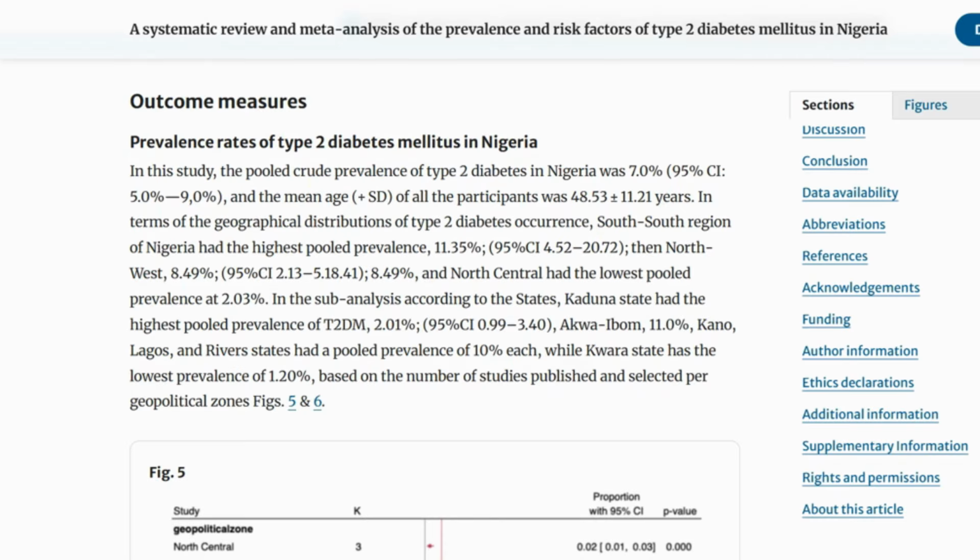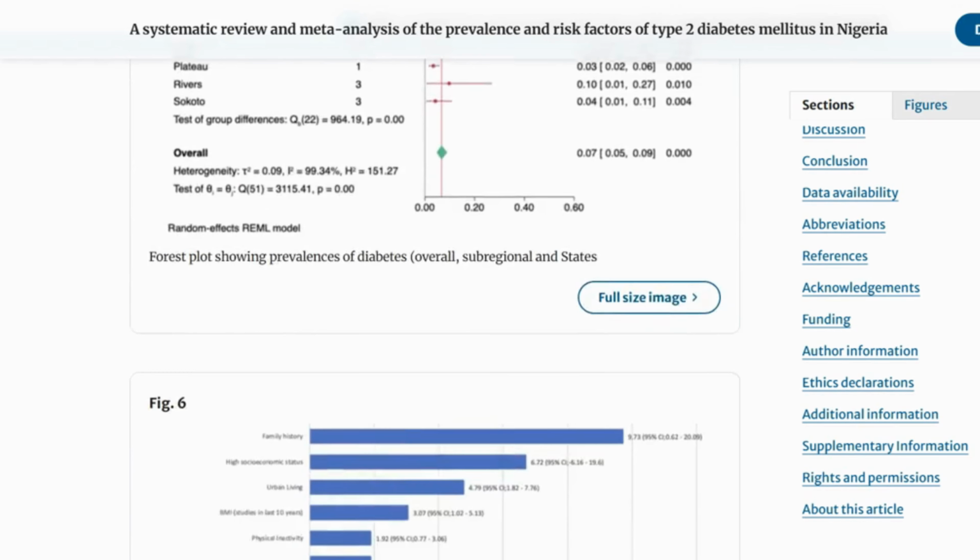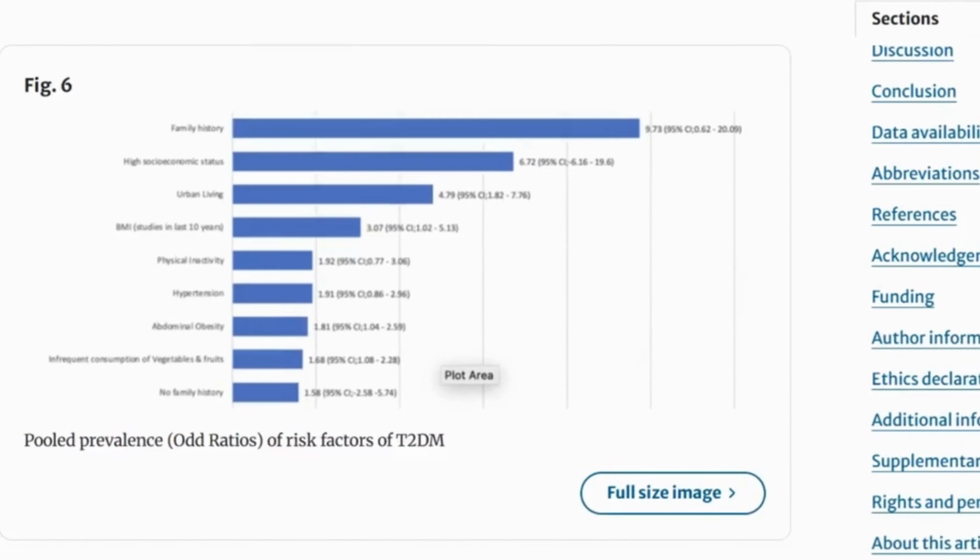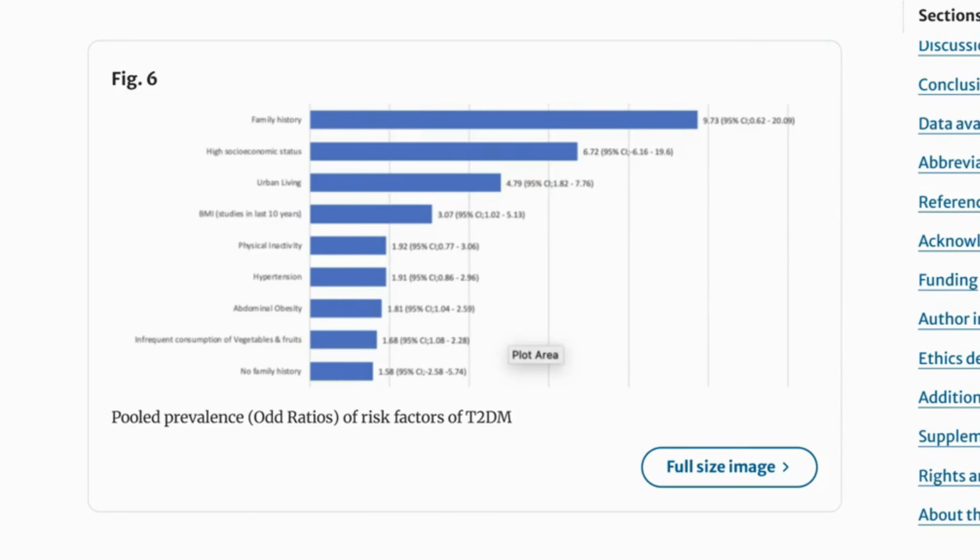They also analyzed subgroups by geopolitical zones, showing South-South Nigeria had the highest prevalence, 11.35%, and North-Central the lowest, 2.03%. They identified risk factors such as family history, obesity, urban living, physical inactivity, and high socioeconomic status.